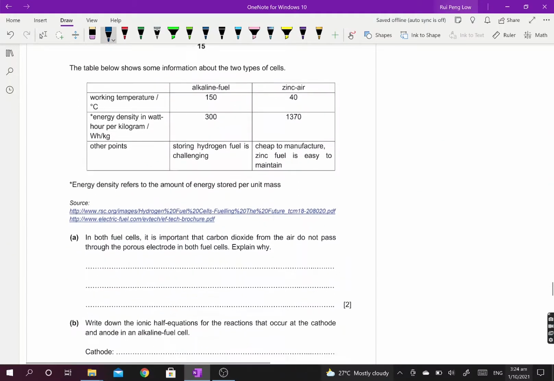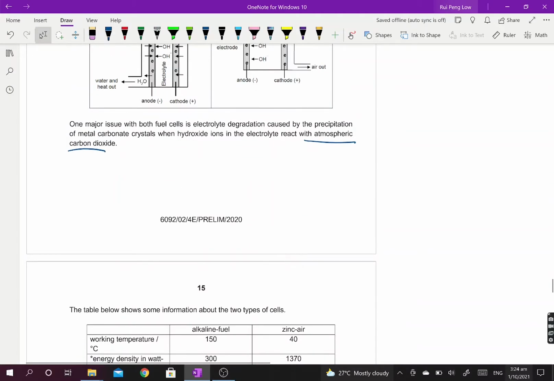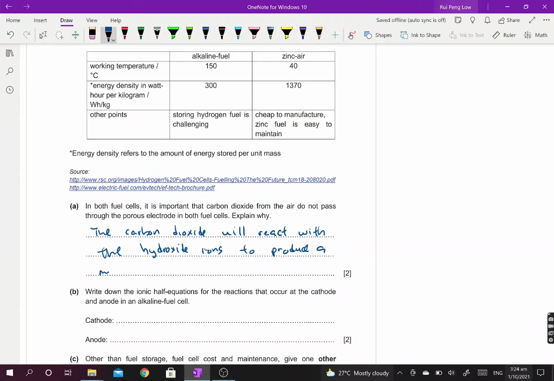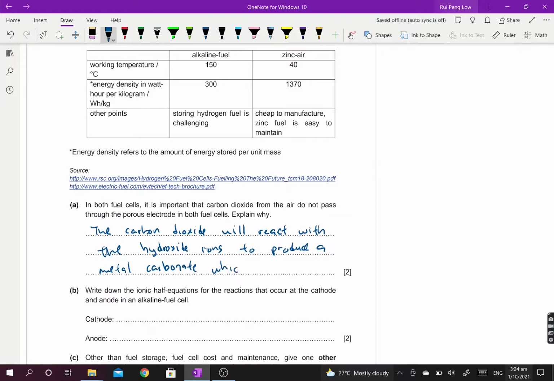All right. So what you're going to say is that the carbon dioxide will react with the hydroxide ions to produce a metal carbonate, which will degrade the cell, reducing the voltage.